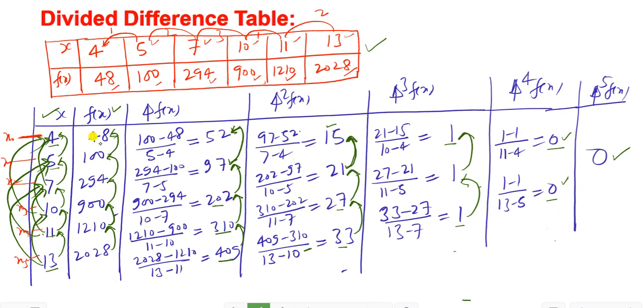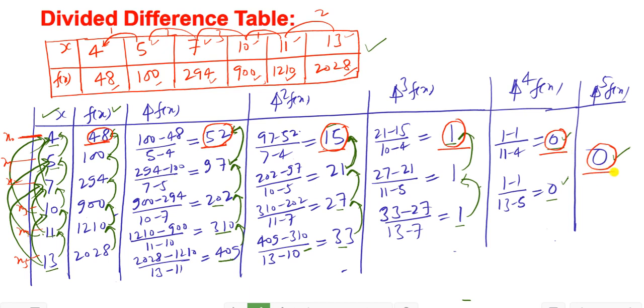So corresponding to x naught, this is f of x naught, this is the first order divided difference f of x naught, second order divided difference f of x naught, third order divided difference f of x naught, fourth order divided difference f of x naught, and fifth order divided difference f of x naught.